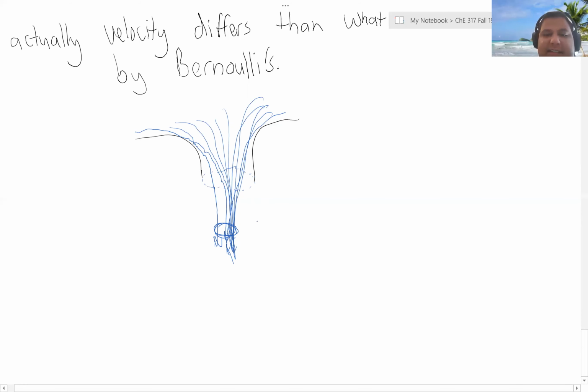And so this discrepancy results in what we call a contraction or discharge coefficient.